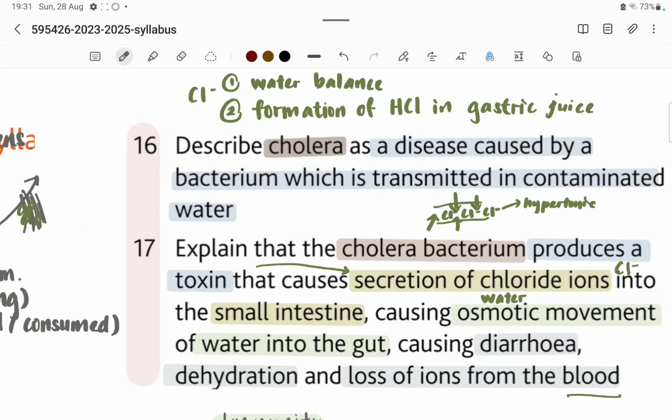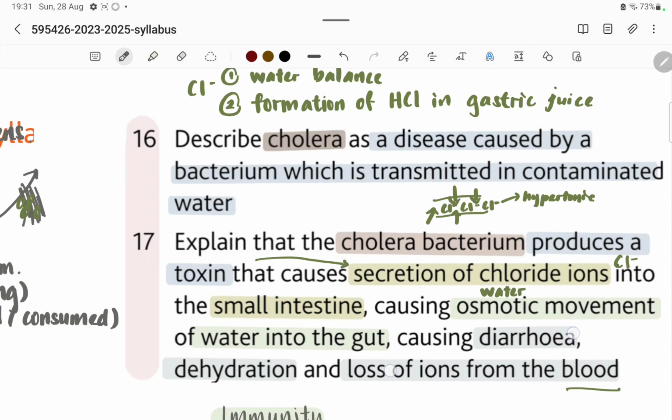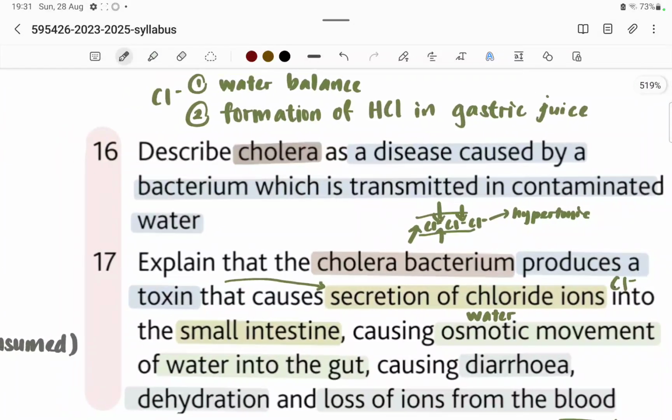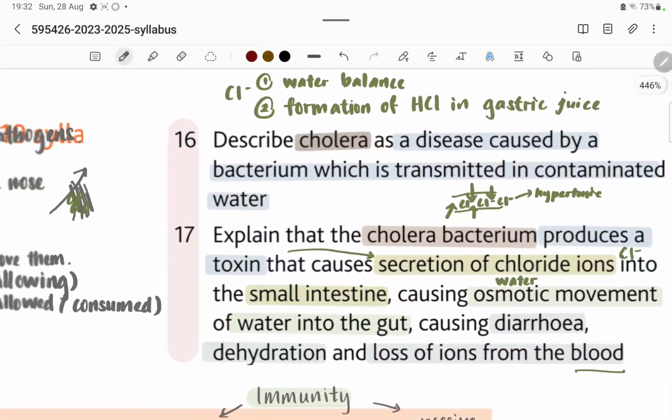This will cause diarrhea, dehydration and loss of ions in the blood. Okay, chloride ions are used for water balance and formation of hydrochloric acid in gastric juice. So we need chloride ions also, but not in the small intestine, in other body parts. So this is for cholera.